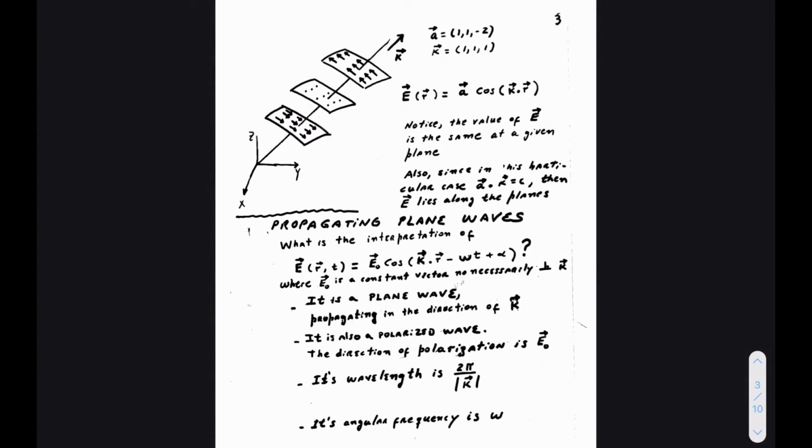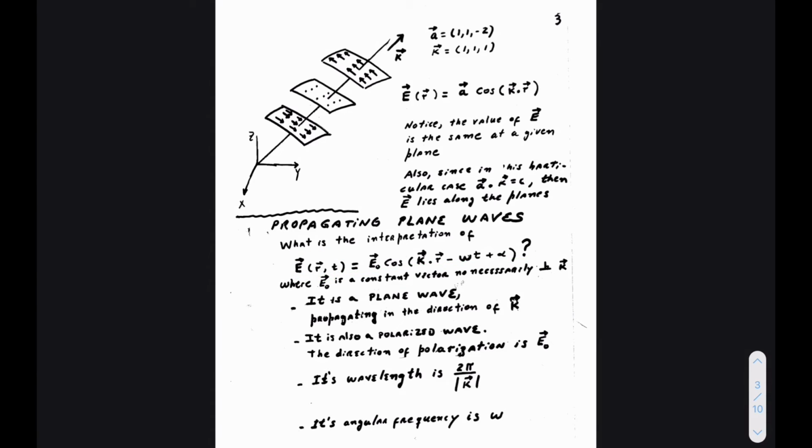Now, what happens when we add a time-dependent term in this equation? Say, for example, this equation, where t is time and omega is the angular frequency. Then this electric field will change with time at a given plane. So this is an equation for all the planes where the electric field is changing sinusoidally.